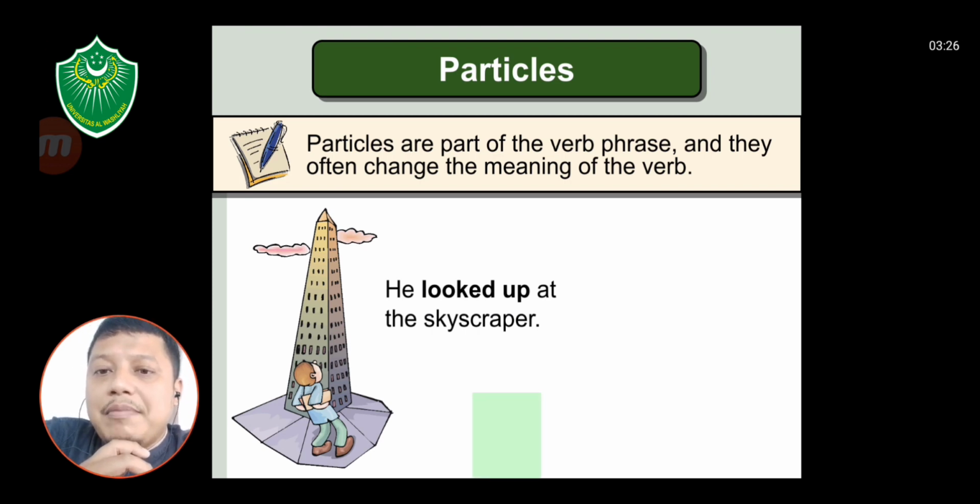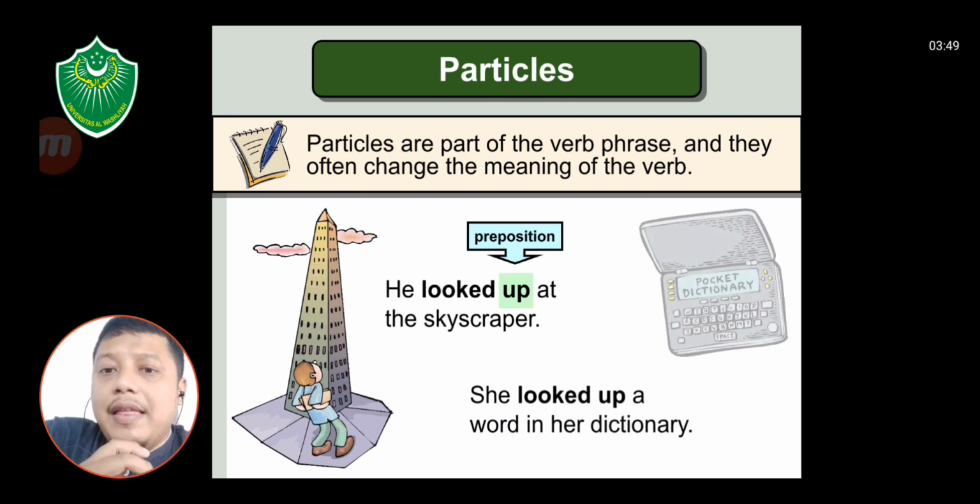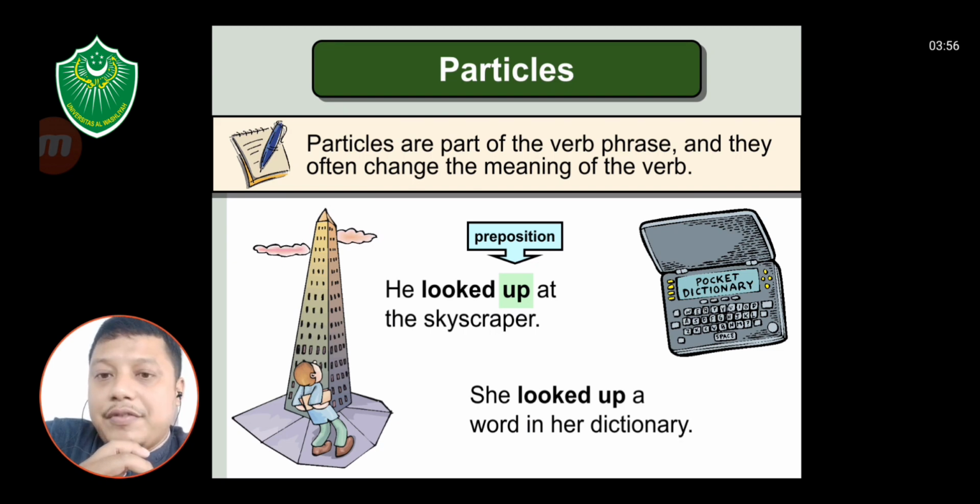Next, we can see an example. It's this one. It's a preposition. He looked up at the skyscraper. So the meaning here is about a preposition. He looked in the direction of above his head. So looked up here is talking about a preposition. Now, another example shows the difference between a compound verb and a phrasal verb.